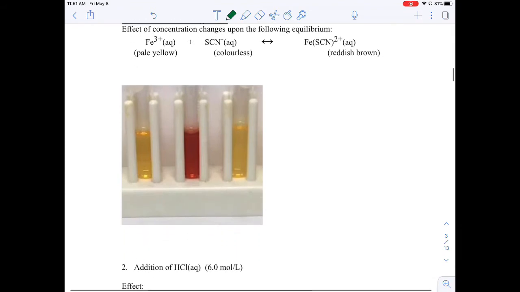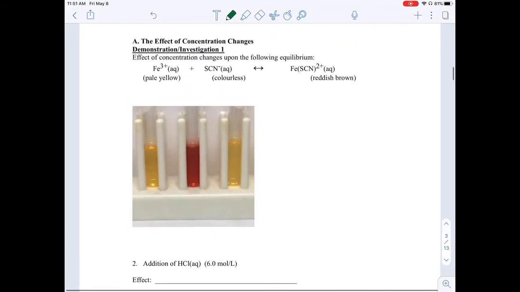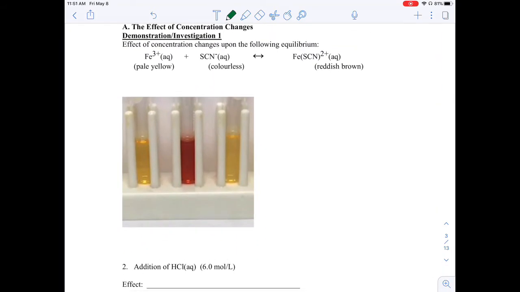In our second test, what we do is we add hydrochloric acid. Now, hydrochloric acid has hydrogen ions and chloride ions. Neither of those chemicals are present in any of the reactants or products directly, and we'll see that there was no real shift in equilibrium here.